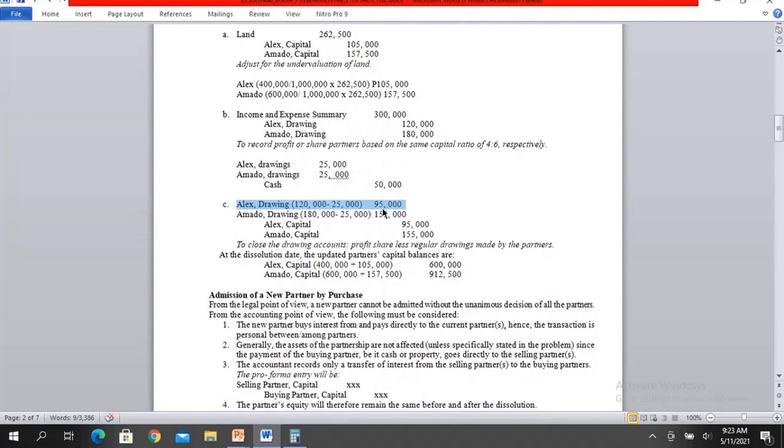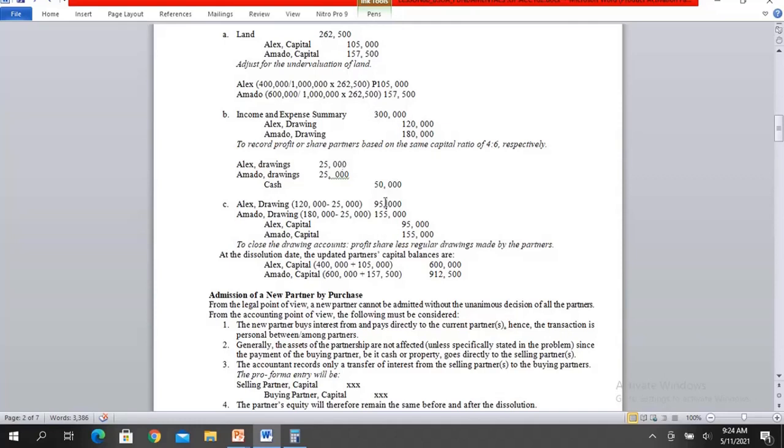Sobra yung share niya ng profit na pambayad dun sa winidraw niyang cash. So, 120,000 less 25,000 is equal to 95,000.